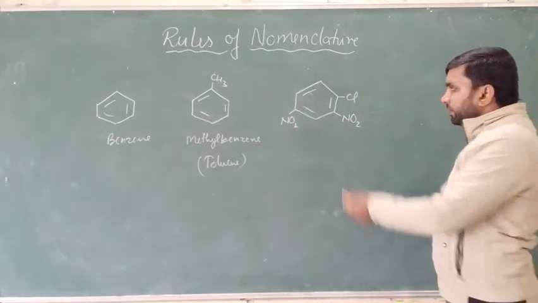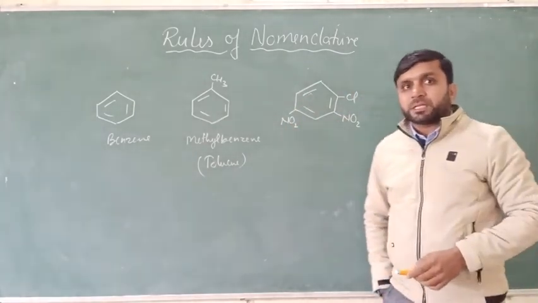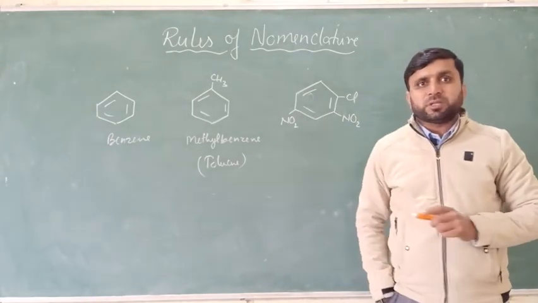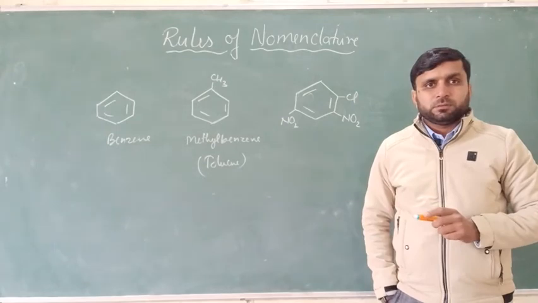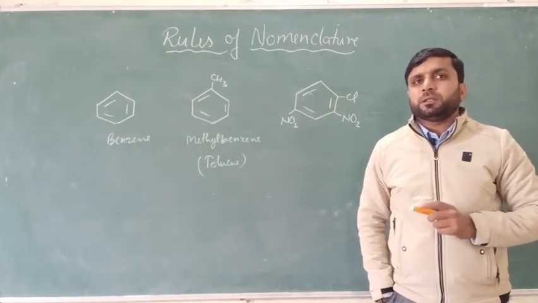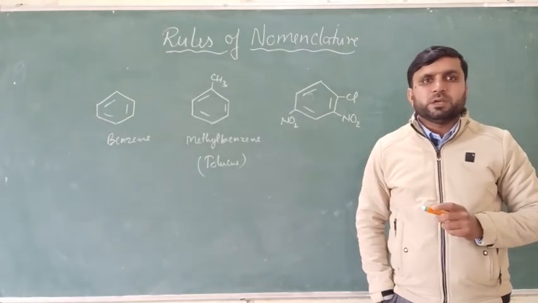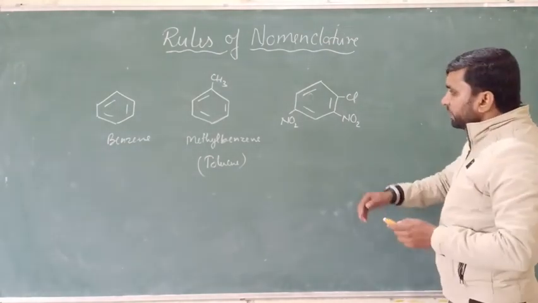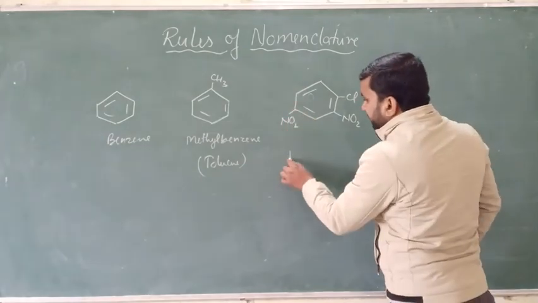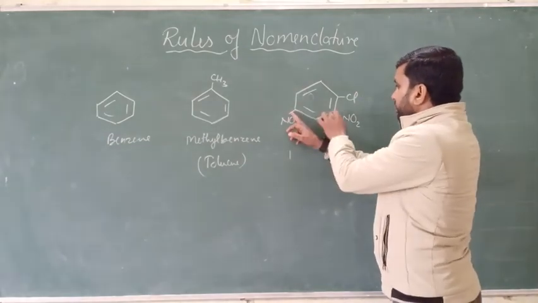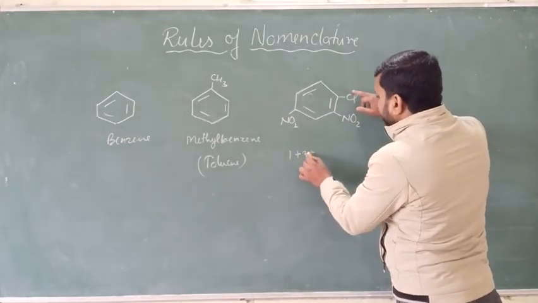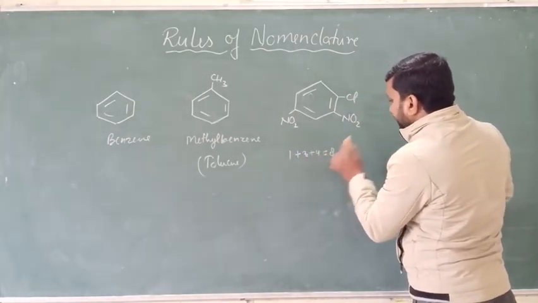Then we can start the numbering from any one, but remember the rule that must be followed, the lowest sum rule, because there is more than one branch, so the sum of the positions of all the branches must be lowest. Suppose we start from this NO2, so the position will be 1, 2, 3. The second NO2 is at the 3rd, chlorine is at the 4th position, total 8.